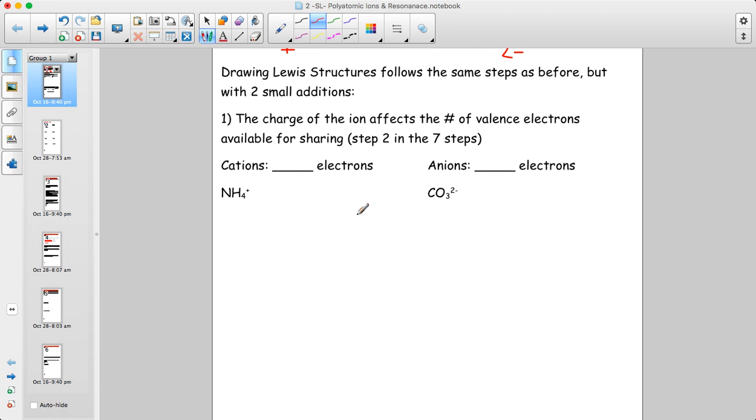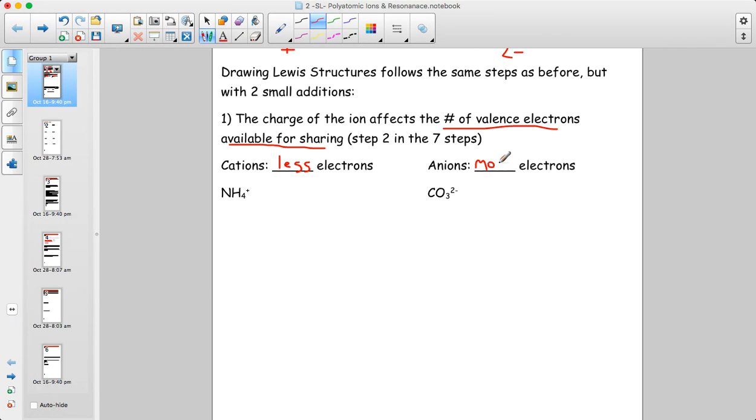Drawing Lewis structures for polyatomic ions is almost identical to drawing them for normal molecules. The one thing is you have to change the number of electrons available for sharing. This is step 2 in the 7 steps for drawing Lewis structures. Cations have less electrons because cations are positive, meaning they've lost electrons, and anions have more electrons.